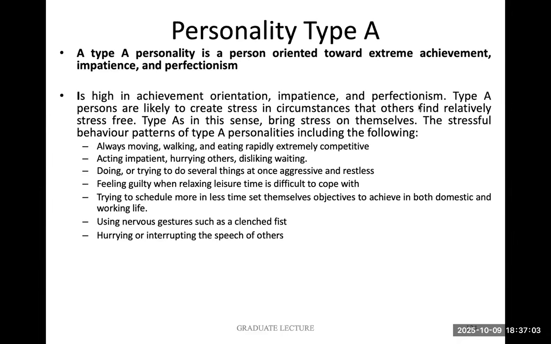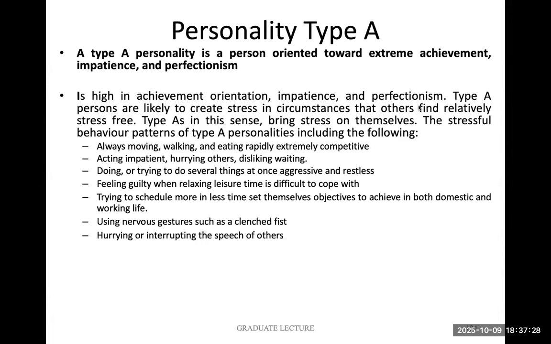Our personality can also be the cause of stress. In this sense, we have personality type A and personality type B. What are type A personalities? Those who are aggressive. They just want to hit it at every point in time. So you see them as being restless, impatient, perfectionist.